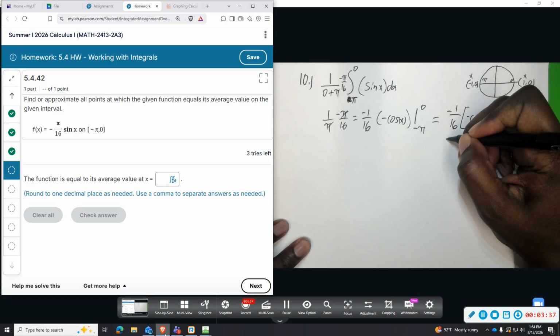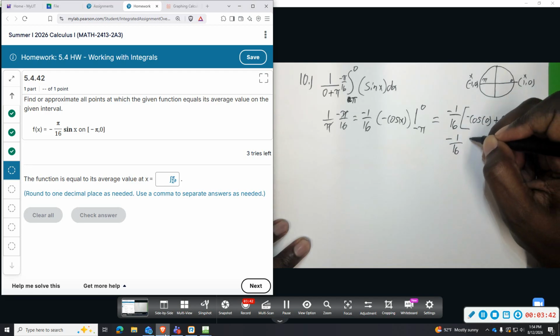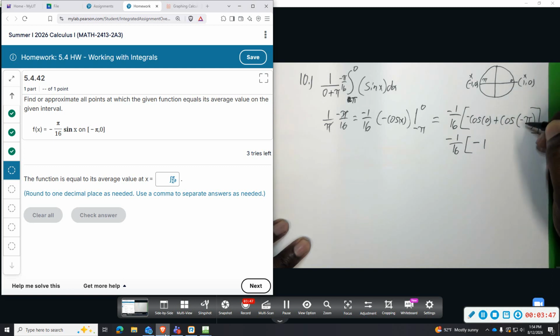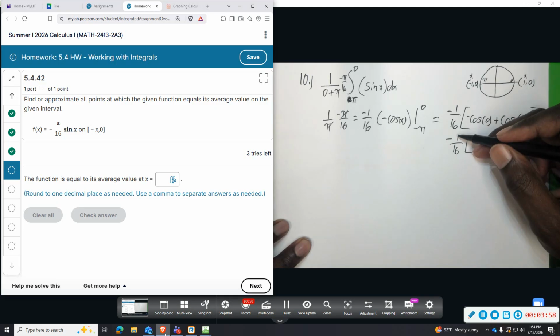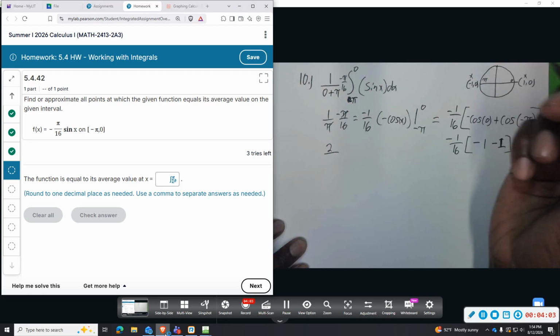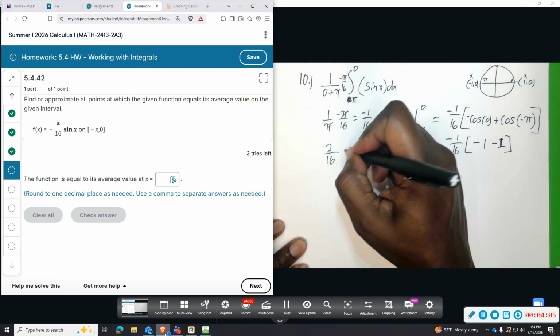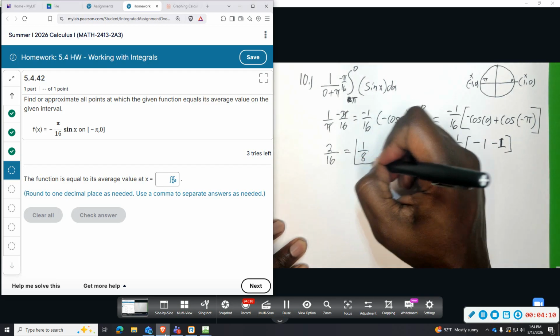So we're looking at negative 1 over 16, negative 1, and then this would end up being a negative 1, so minus 1 again. So we get a negative 2. Negative times a negative is a positive, so we get positive 2 over 16, which is equivalent to 1 over 8. All right, so this is the average.